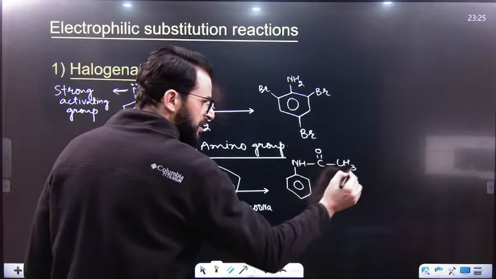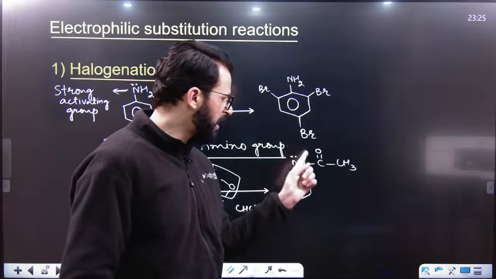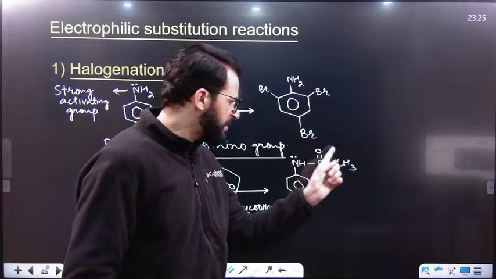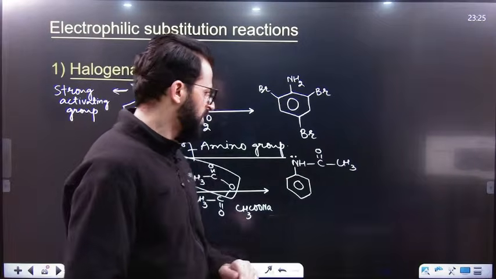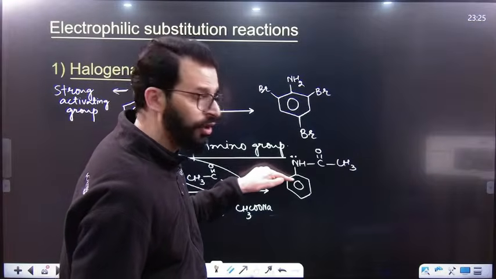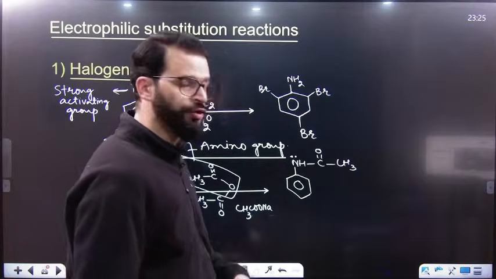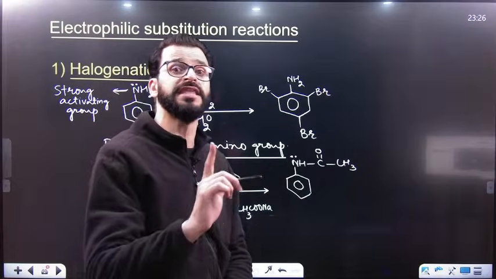Now, have a look. By introducing this acetyl group, this nitrogen will take part in resonance here as well. That means it will withdraw electrons towards itself due to resonance. Because of that, it will not donate electrons strongly to the benzene ring. That means it will donate electrons to the benzene ring, but not that strongly.